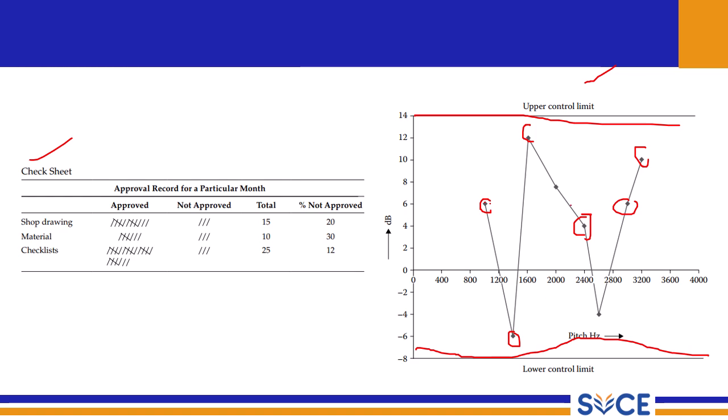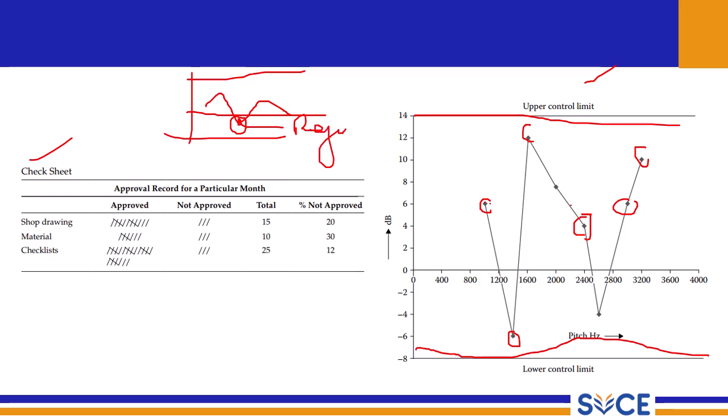For example, if I'm drawing a control chart, with the line like this, my upper limit is here and the lower limit is here. If a point sometimes comes out of the limit, then that particular point or lot will be rejected. So this will be rejected.